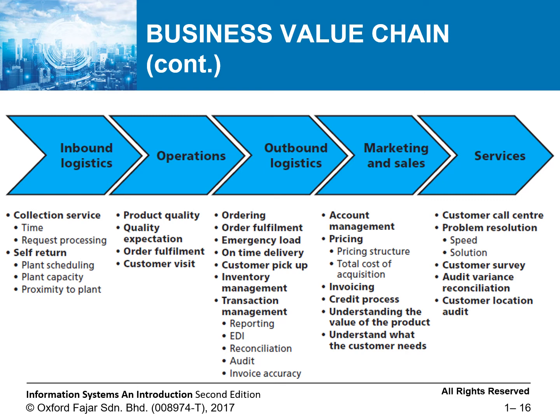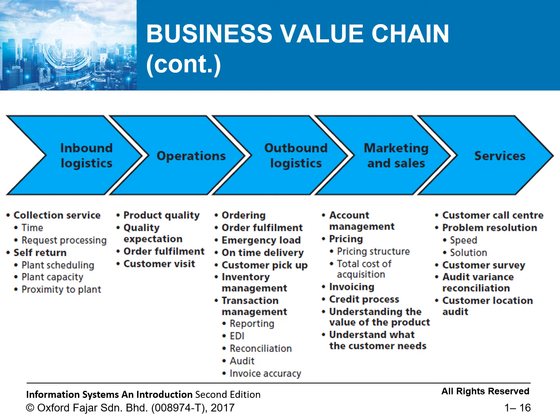As we can see here, the first one is inbound logistics. Here we can see the collection service, by the time and request processing, and the self-return is plan scheduling, plan capacity, and also proximity to plan.